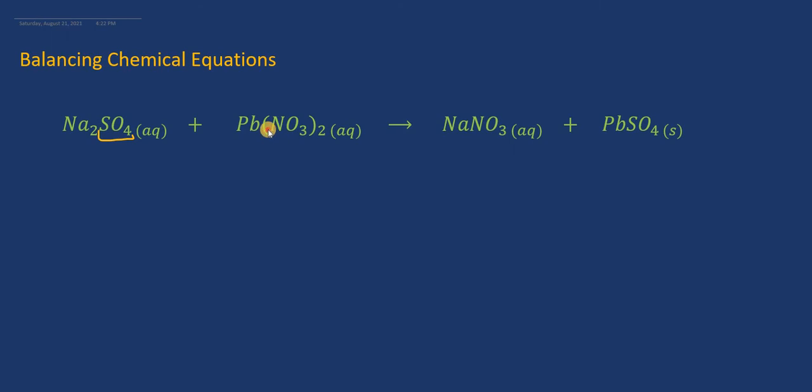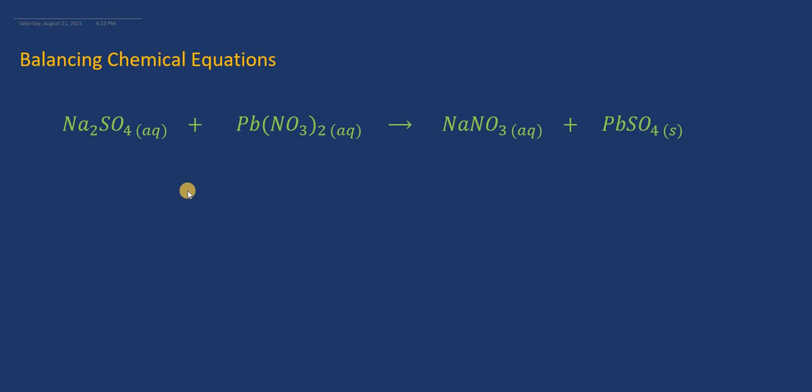The same thing is true for the nitrate here, this NO3, where the nitrogen and the 3 oxygens are bonded together in one group, and they have a charge. The trick to using these when balancing chemical equations is to treat them as one single group rather than separate elements. If you do that, it'll make balancing these a lot easier when you have these polyatomics.